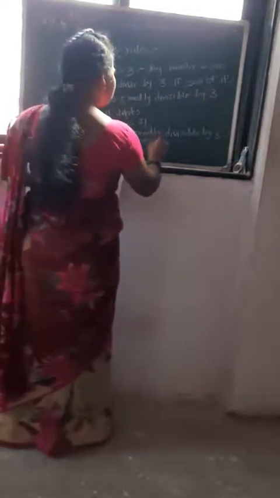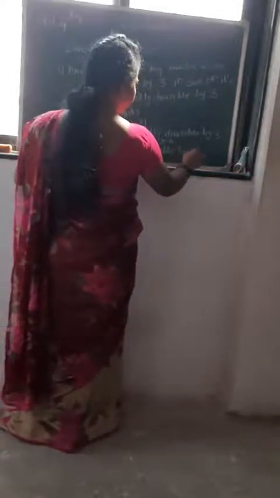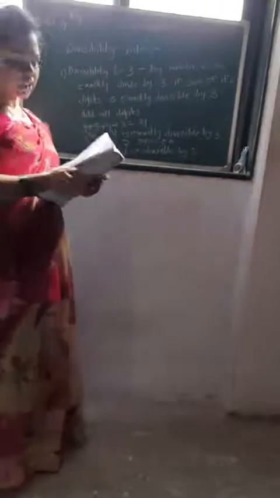Remainder is 0. Therefore, 4593 is divisible by 3.